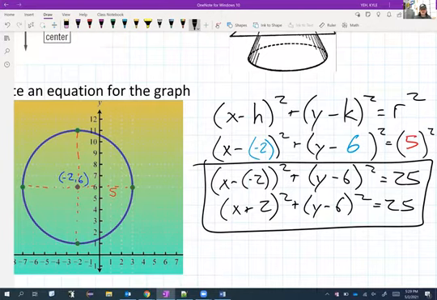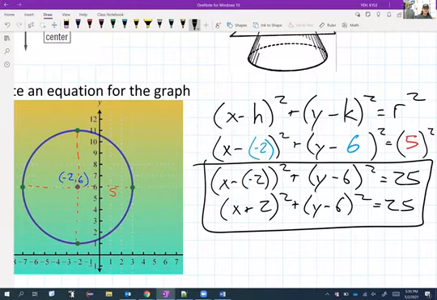But either way is fine. This is the standard form of a circle, and I want you to look at the answer we got and see if you can reason it out to yourself just looking at that answer. Oh yeah, the center of the circle is at (-2, 6), and the radius is 5. That's what you want to be able to do with these equations.